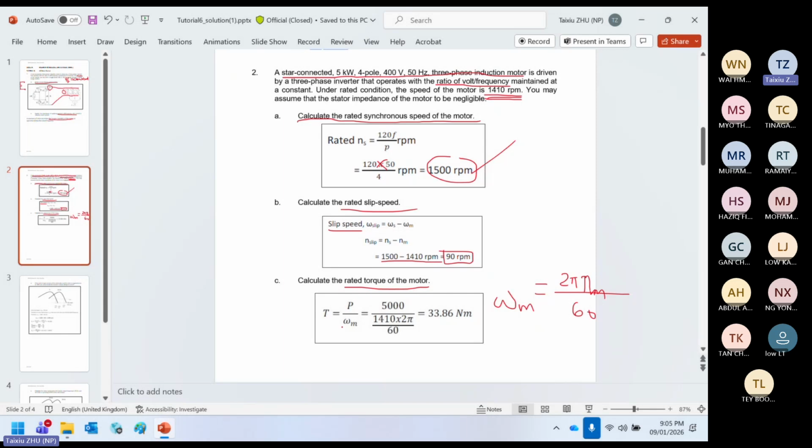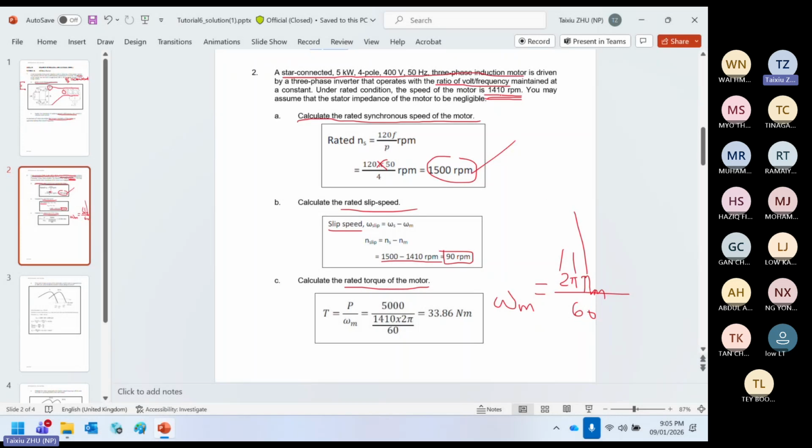This gives you omega m. Remember, the output power divided by omega m at the rated condition gives you the rated torque, in Newton meters. So I just substitute the values here.